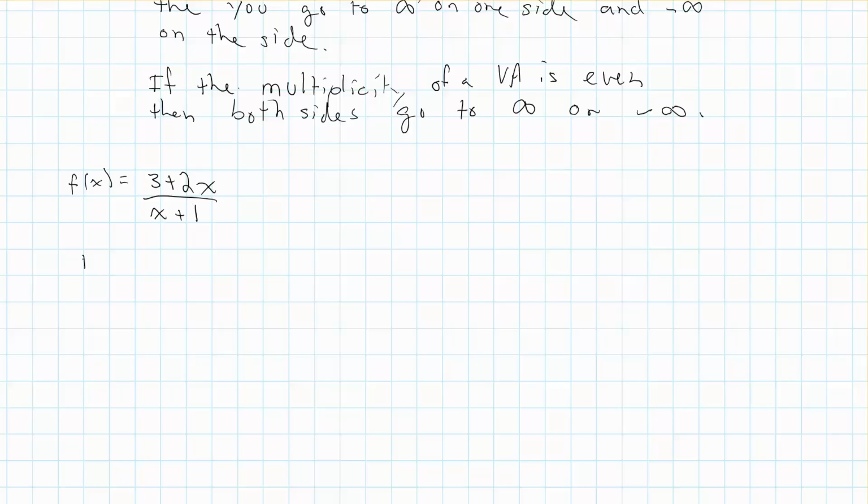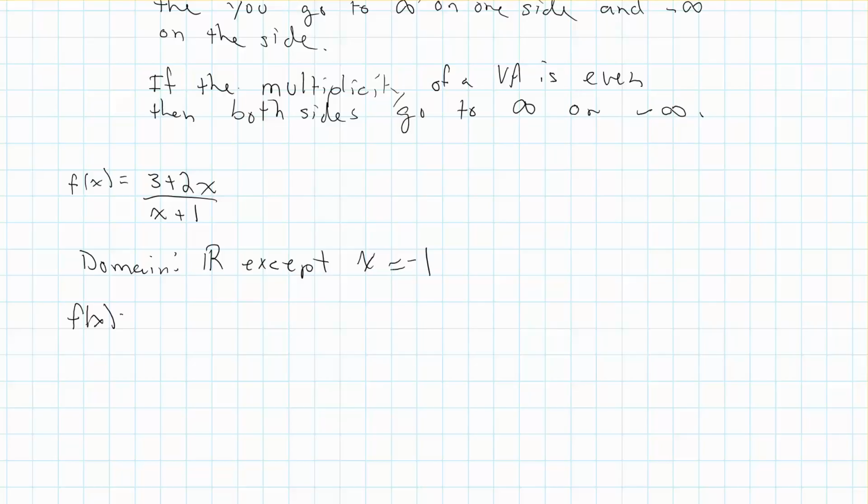So again, I always find the domain first, and I have x plus 1 in the denominator, so there's not a lot of work to do. I could just say it's all real except whatever makes the denominator 0, and in this case it's pretty obvious, x equals -1.